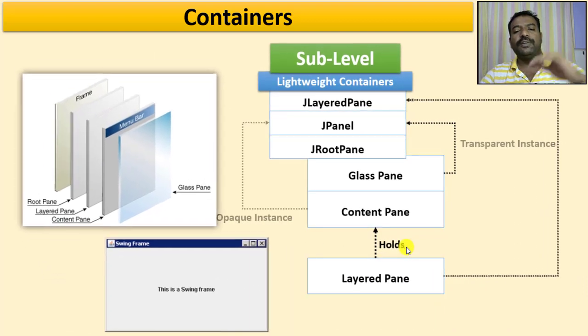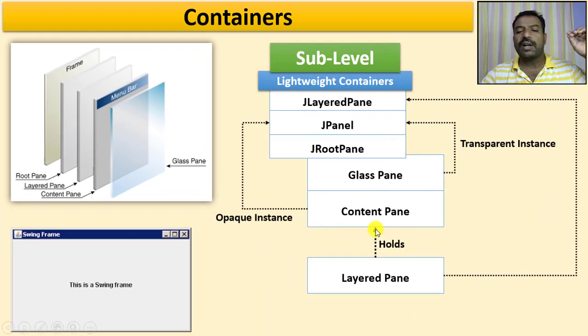Now this content pane should be an object, or instance, of the class JPanel. Just observe, the glass pane is also an instance of JPanel, and the content pane is also an object of the class JPanel. But the glass pane is a 100% transparent instance, and the content pane is a 100% opaque instance. That is 0 transparency and 100% transparency.